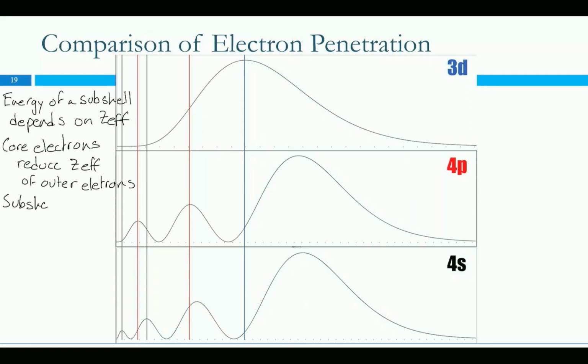And subshells can increase effective nuclear charge through penetration. Are there any questions about that? So if we can increase the effective nuclear charge, that means that subshell is going to have lower energy.